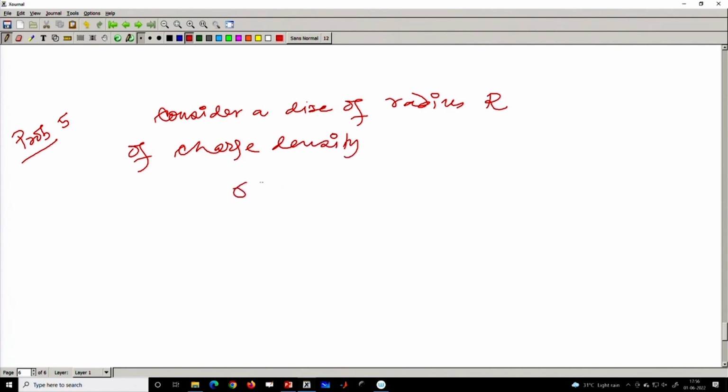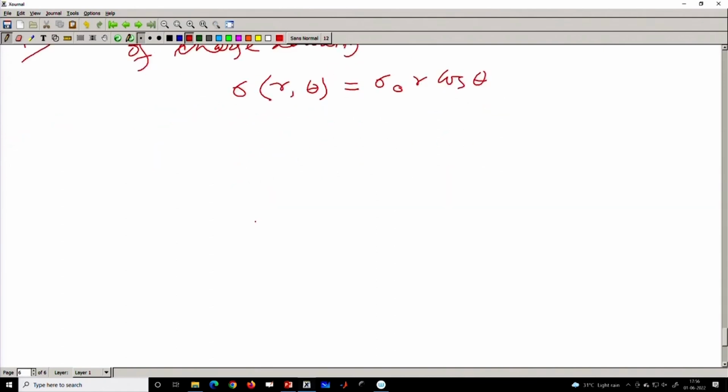The charge density of the disk is given. Now, the charge density here is a function of r and theta, which is say sigma 0 r cos theta. This is the way the charge density is changing. So, the problem is find the monopole and dipole moment of this system.